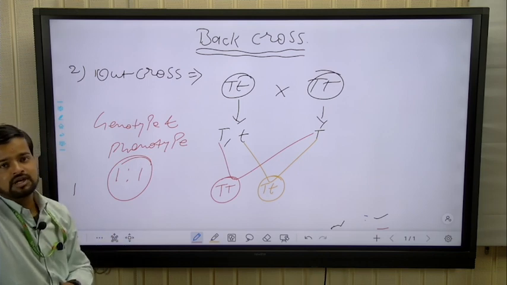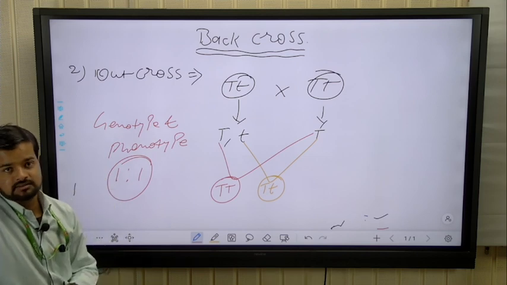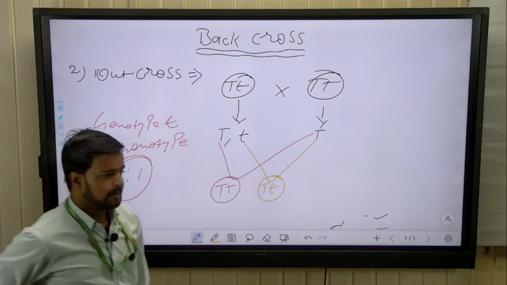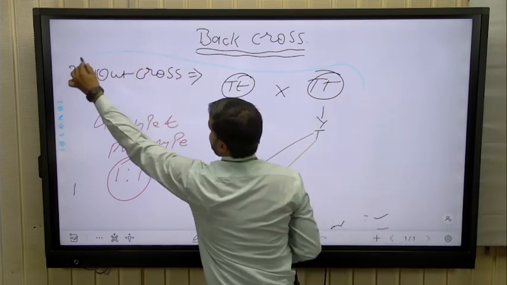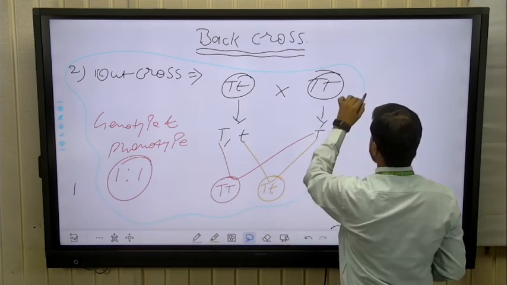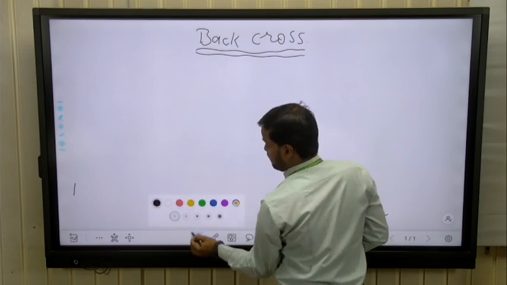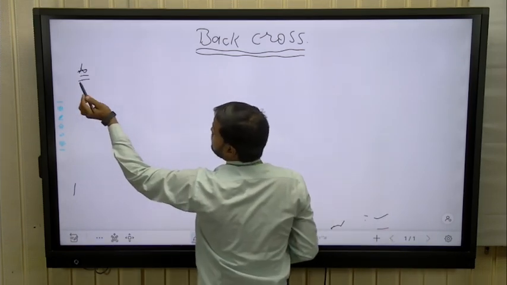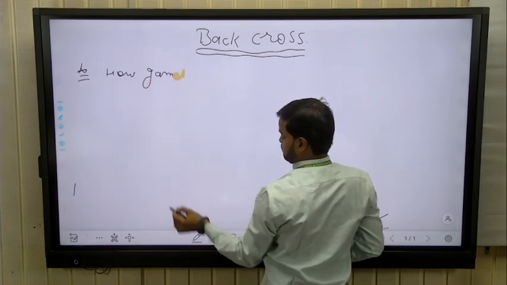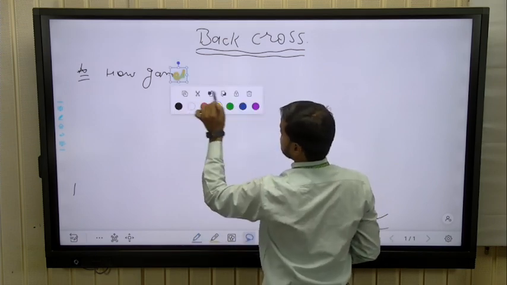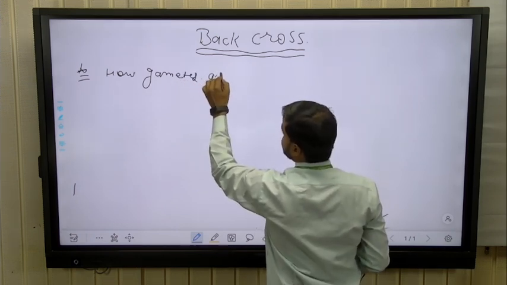After that we talk about some tricks: how we form gametes, how we obtain new gametes. Is it clear? Please note it. There is some important information too, how gametes are formed.